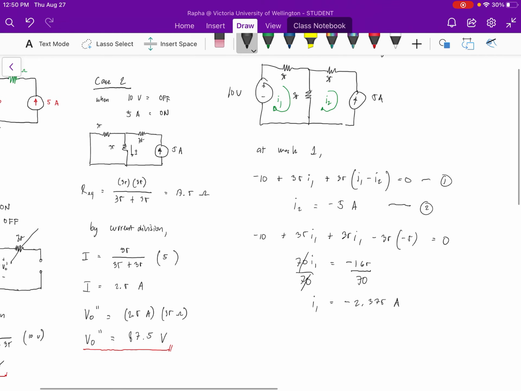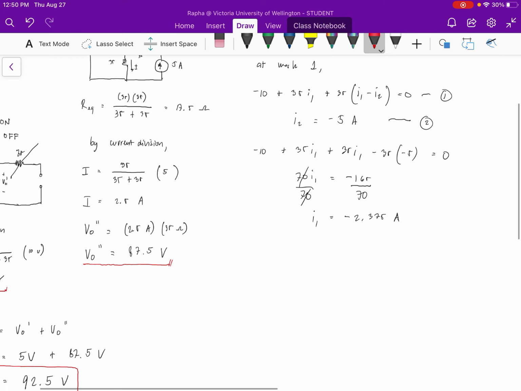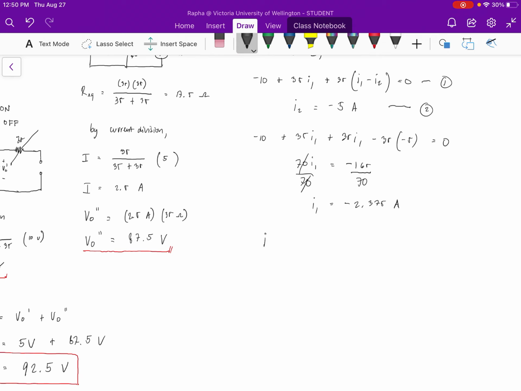So to determine the current at the middle branch, let's say this is I3. I3 is equal to I1 plus I2, or equal to negative 2.375.